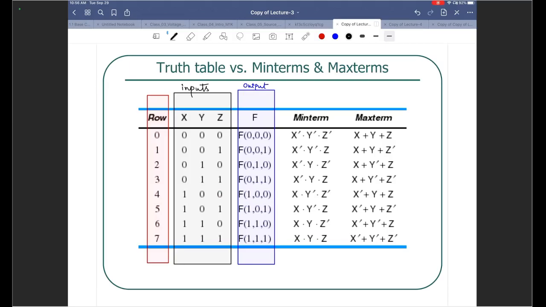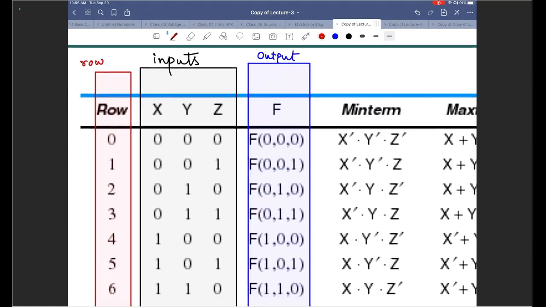And you have got a row indicator column, just so that we can have numbers. Now, we saw this earlier, and we can see that now. The first row corresponds to a minterm, which is x complement and y complement and z complement. If this particular term would be a 1, then that would be in f as a minterm.